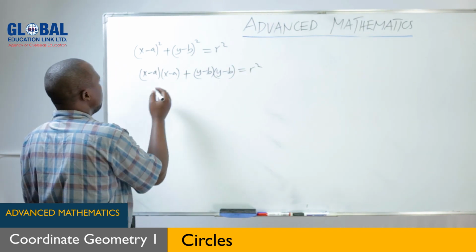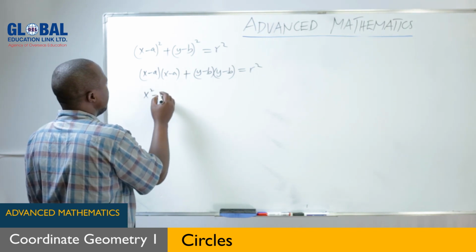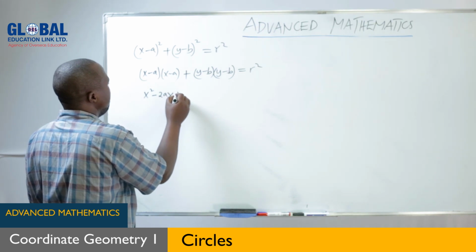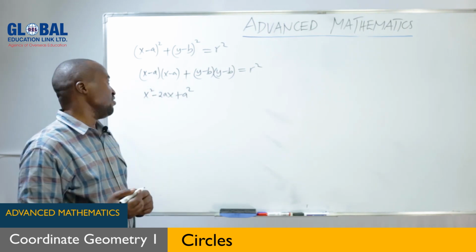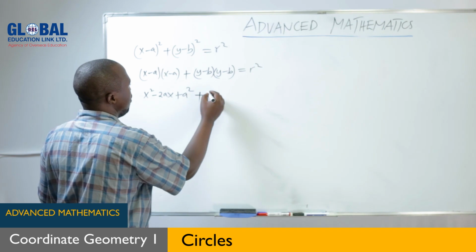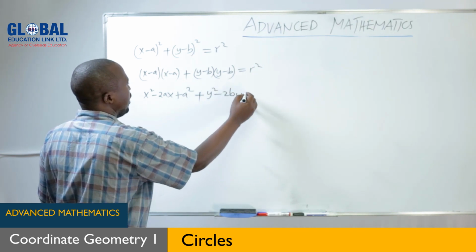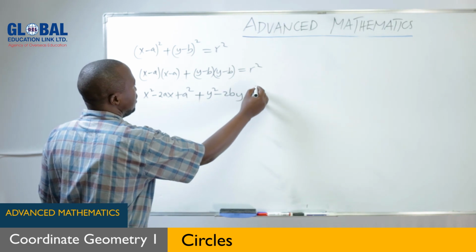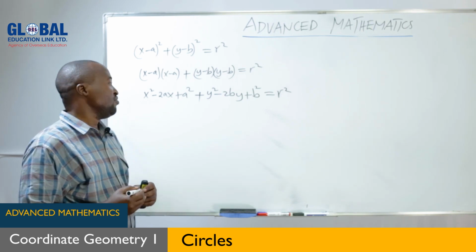In this case, we are going to have x squared minus 2ax plus a squared. That is for the case of x. Then plus, for the case of y, we have y squared minus 2by plus b squared, which is equal to r squared.